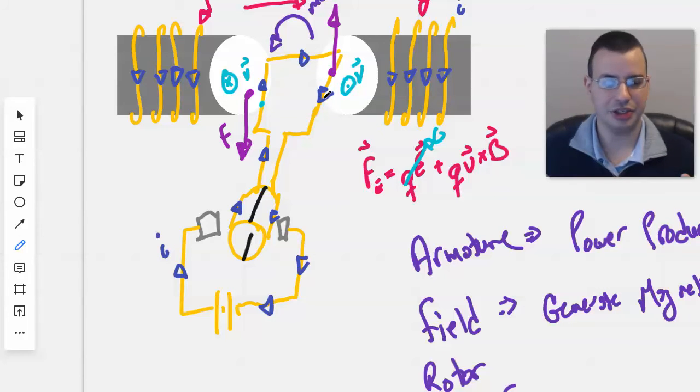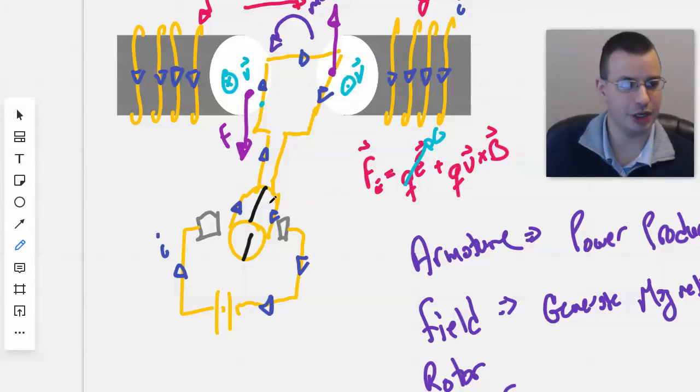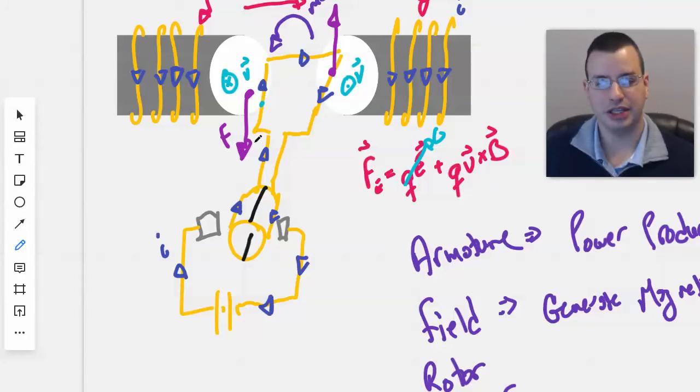And that allows the motor to always spin in the same direction the whole time. This is due to what you call commutator rings, or brushes. These DC brushes allow the same direction of current the whole way. That's one of the key parts of a DC motor.